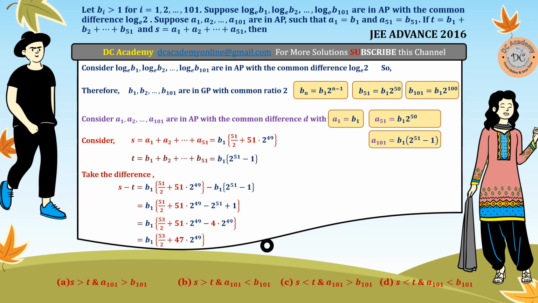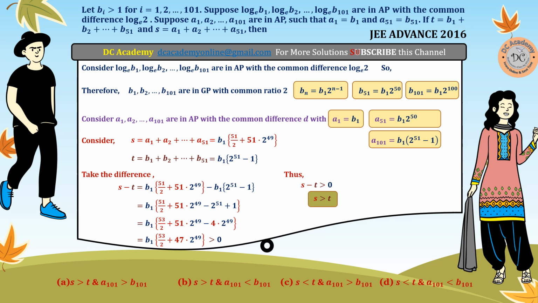So S minus T is always positive, so therefore we understand that S is greater than T. So we obtain one of the options.